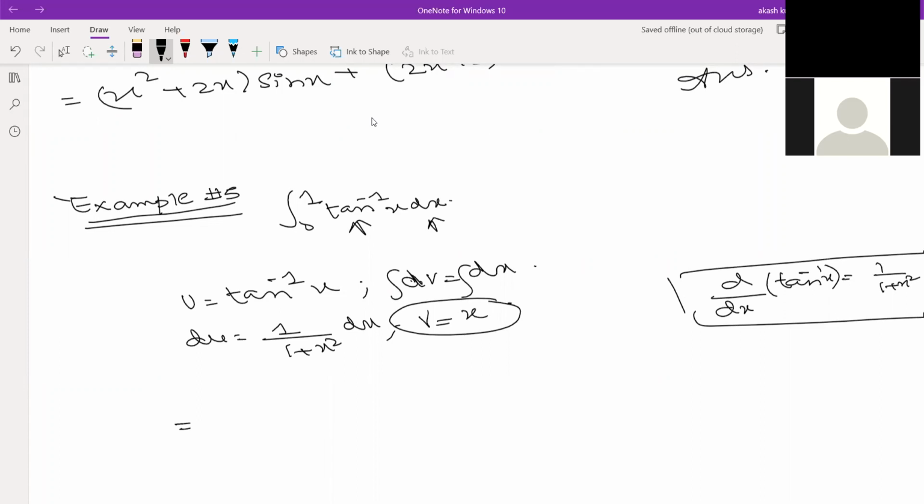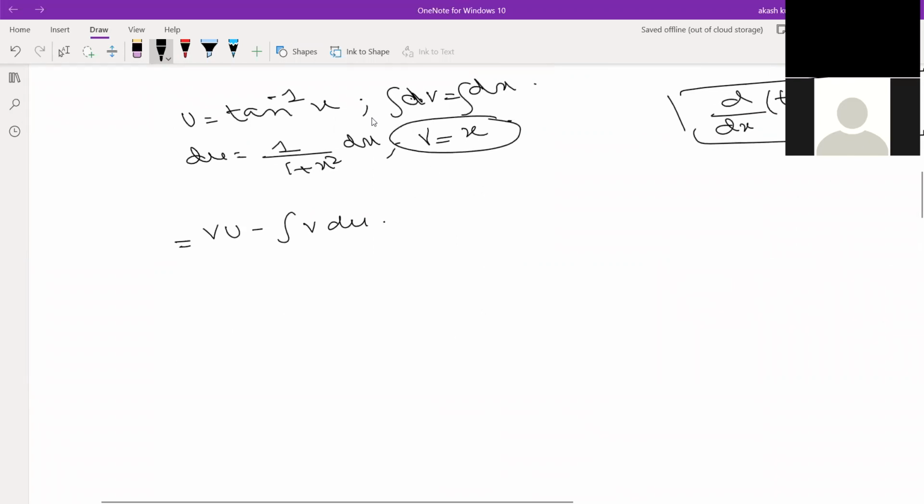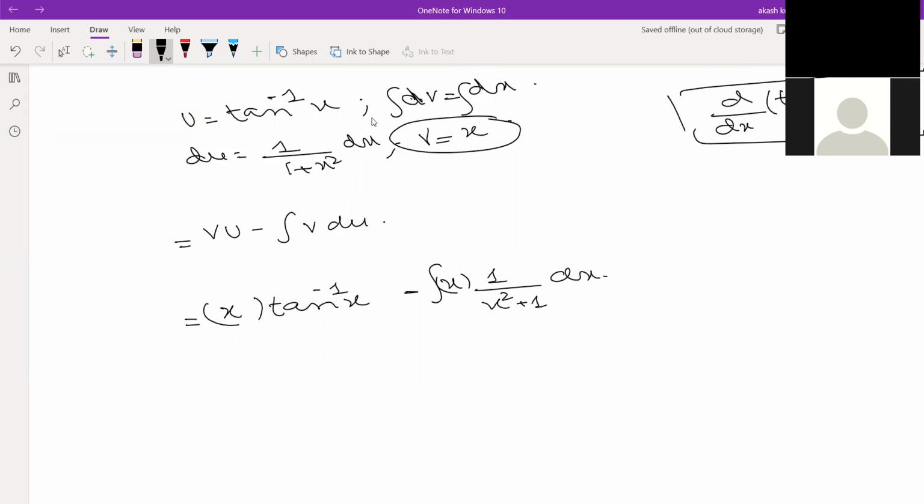Now, applying the integration by parts formula, it becomes uv minus integral of v du. v is x, u is tan inverse x, minus integral of v, which is x, and du, which is 1 over x square plus 1 dx.